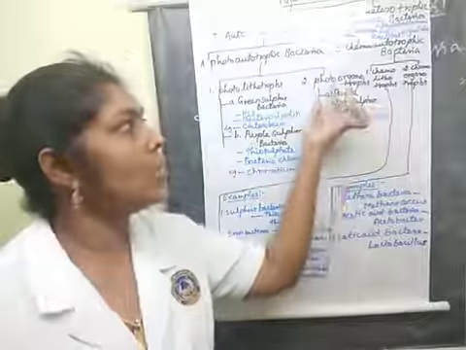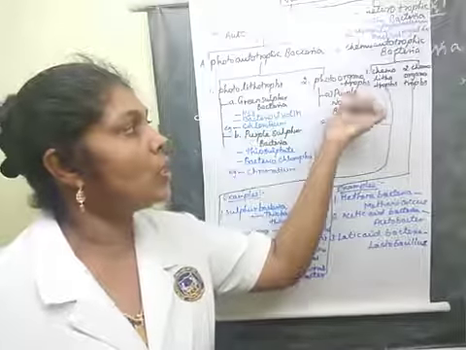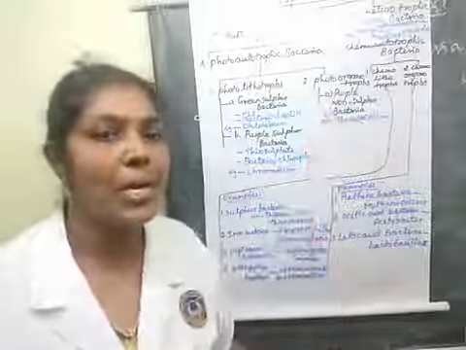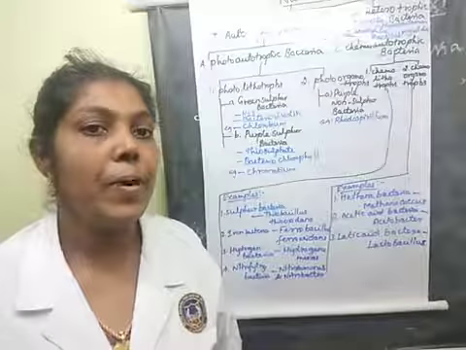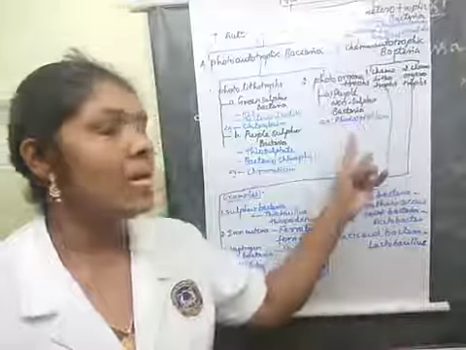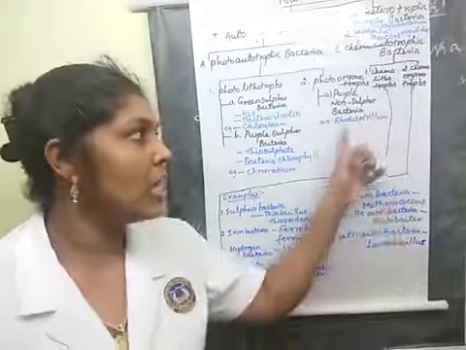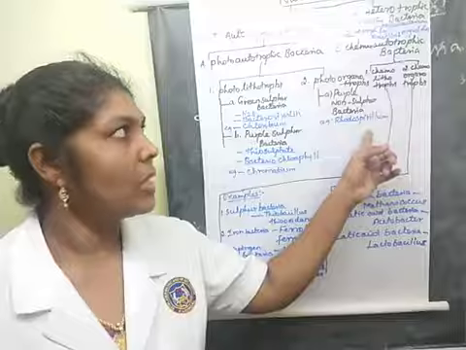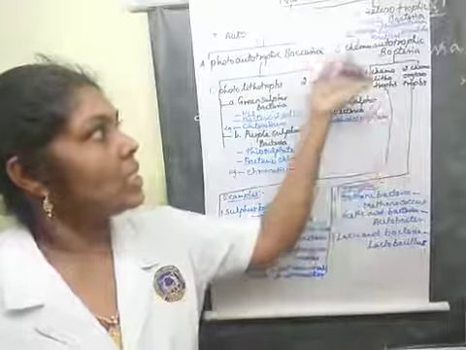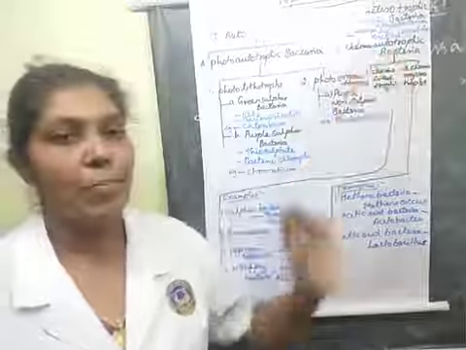Understood? Yes. Next, photoorganotrophs come under only one type, the purple non-sulfur bacterium. The best example of the species is Rhodospirillum. Clear children? Yes. Next is the second type, chemoautotrophic bacteria.